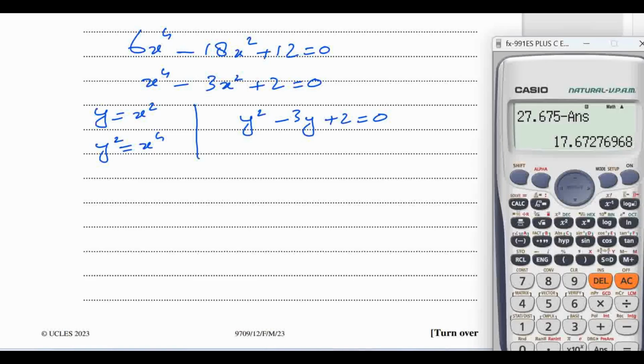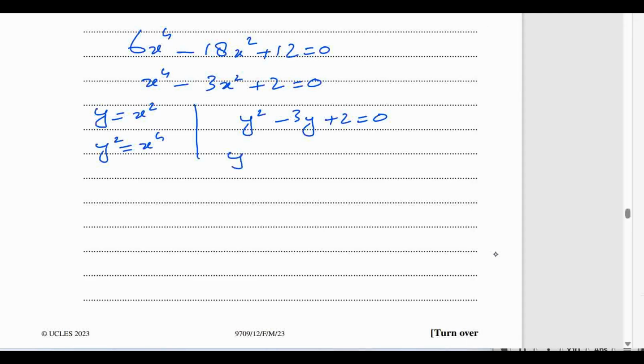Now we can use the calculator or we can directly factorize it. So this will be y square minus 2y minus y plus 2 is equal to 0. So we can take y as common.